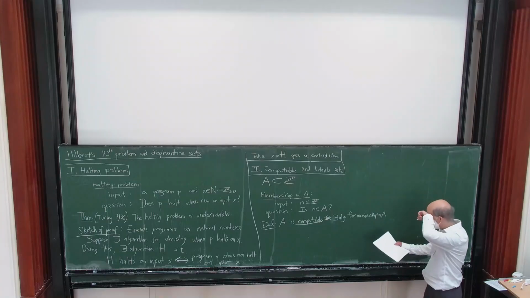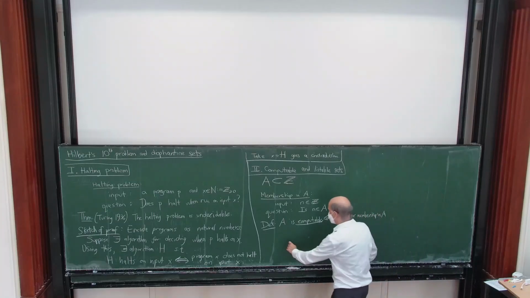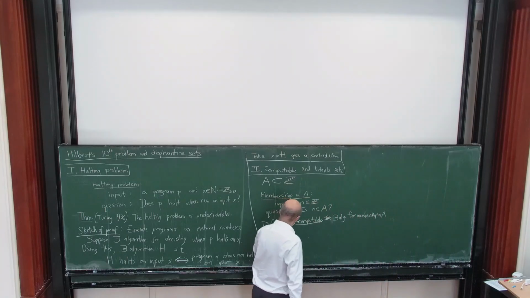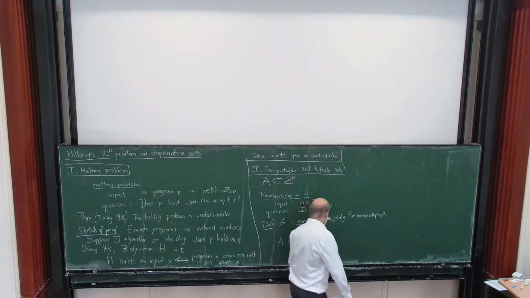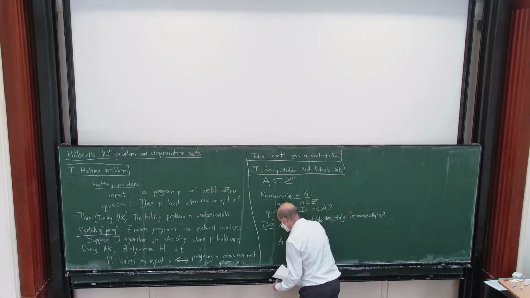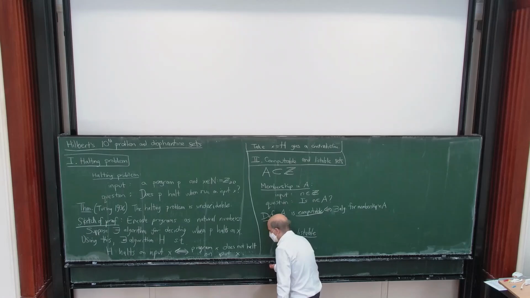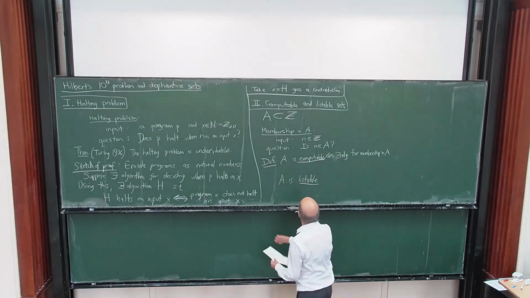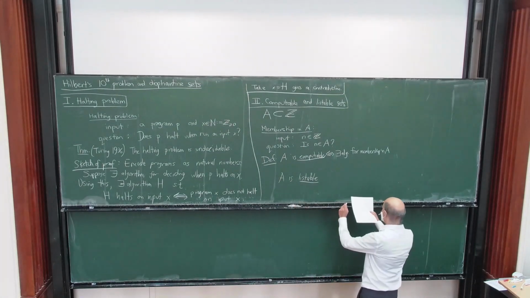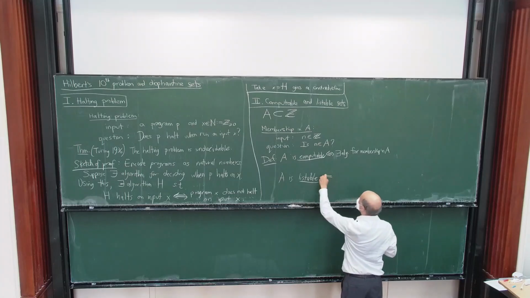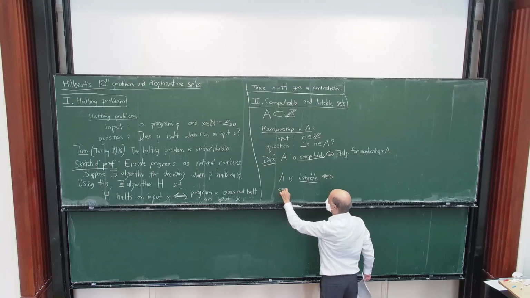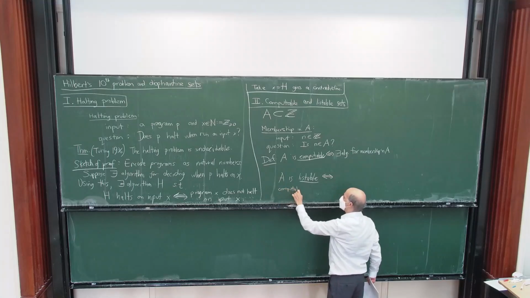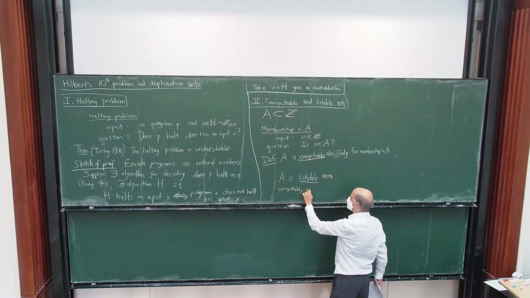All right, so on the other hand, there's something weaker you could ask for, and this is what's known as a listable set. This goes by many names. Sometimes it's also called computably enumerable or recursively enumerable, or CE.